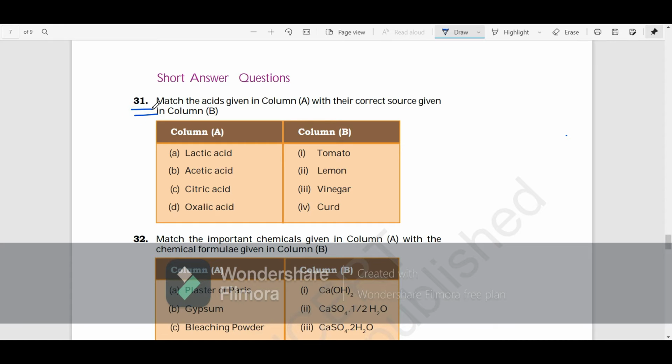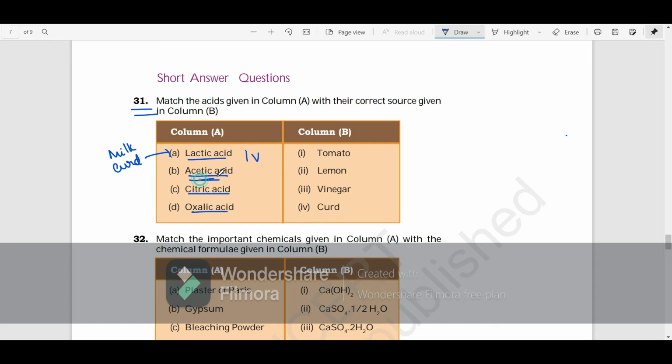The 31st question: we have to match the correct sources in A with those in B. Lactic acid, acetic acid, citric acid and oxalic acid. Lactic acid is found in milk, curd and related products, so just mark 4 over here.